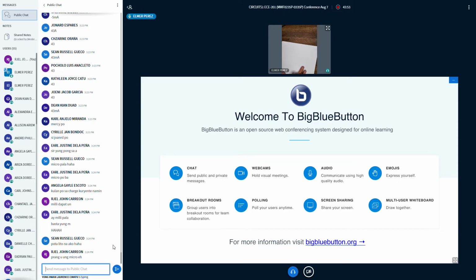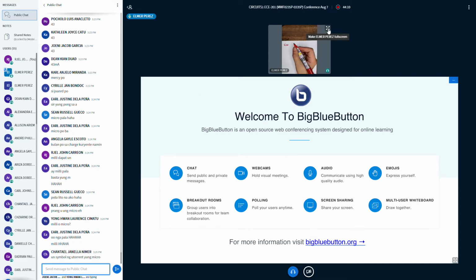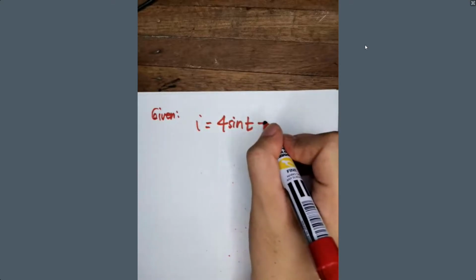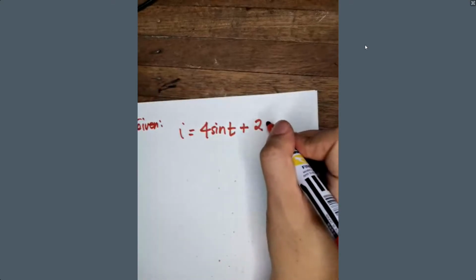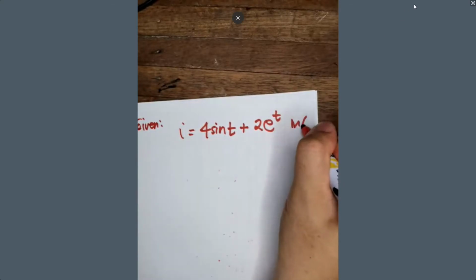Okay, so given the equation of current as 4 sine t plus 2 e raised to t milliampere.